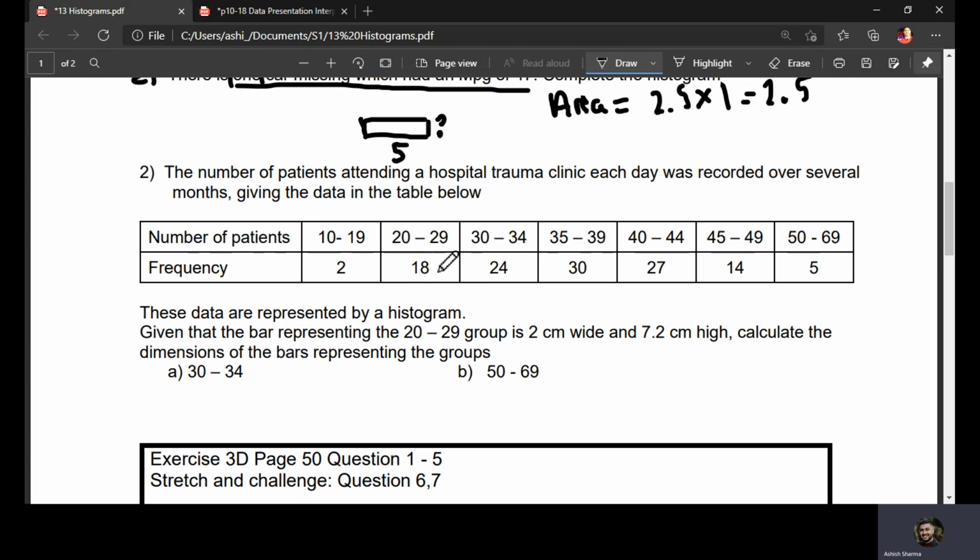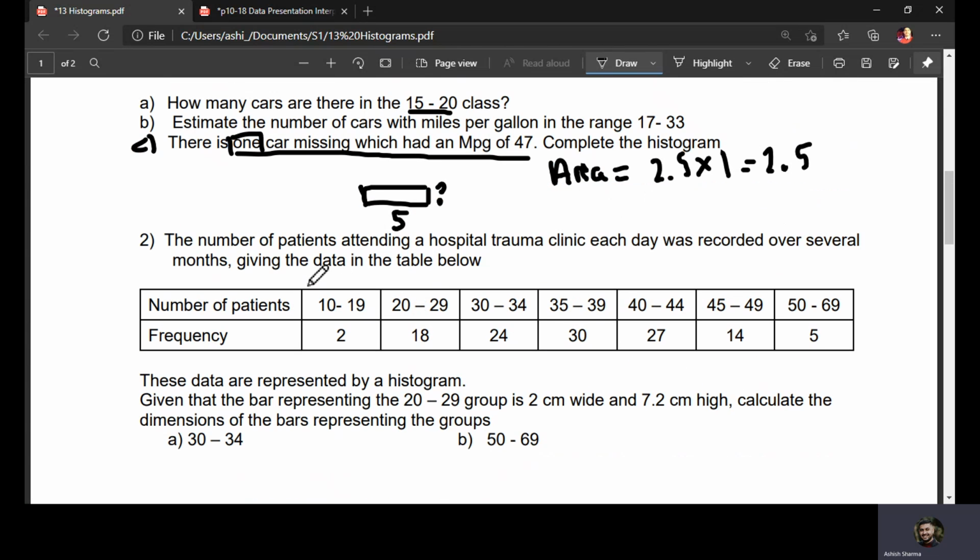Now, one thing we have to remember is that these class intervals are not overlapping. So we've got to understand what the real class intervals will be. Now, this class interval will be 9.5 to 19.5. Okay, and likewise, that'll be 19.5 to 29.5.